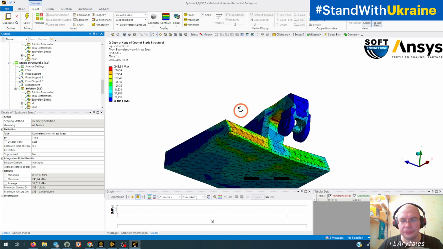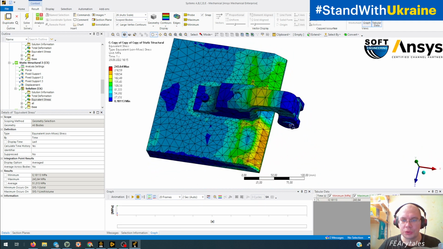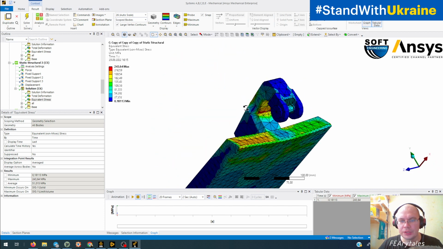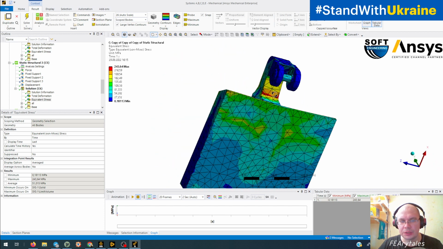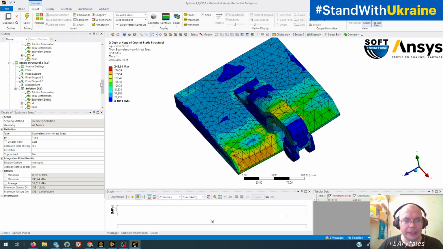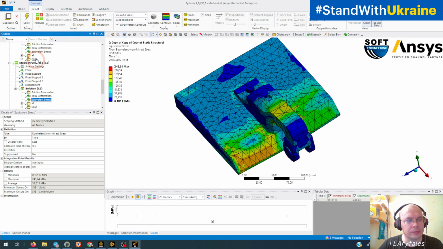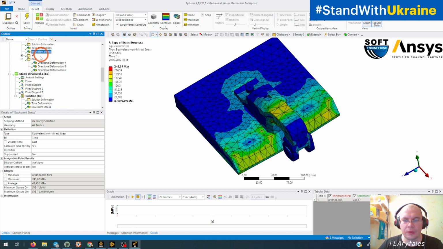And we have the same stress distribution for the crank with the maximum in the same place, but we have a really different stress distribution from the second variant and from the first variant.